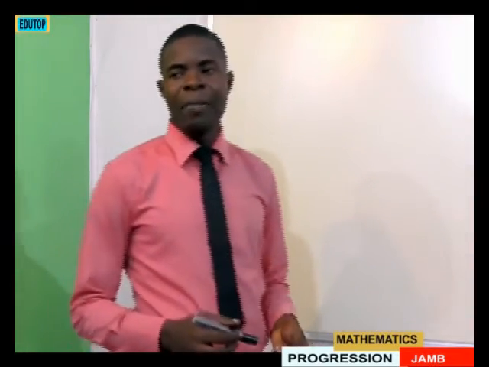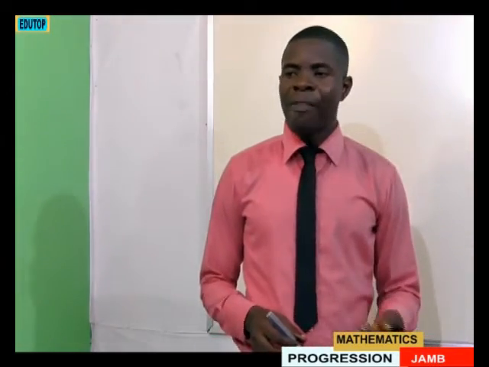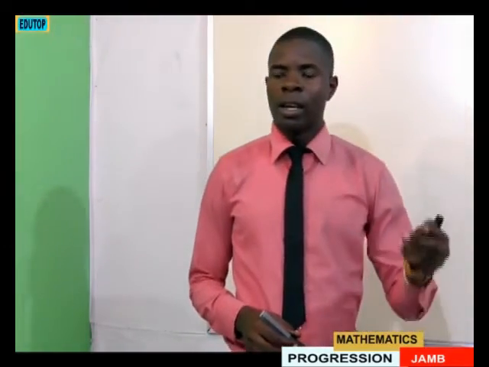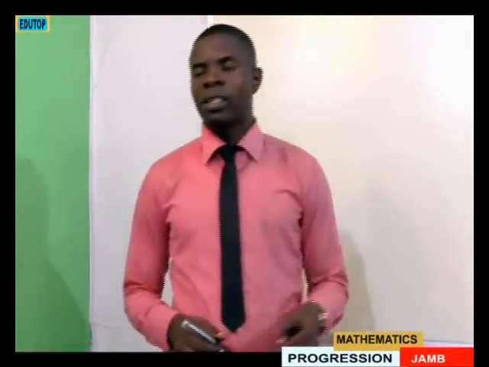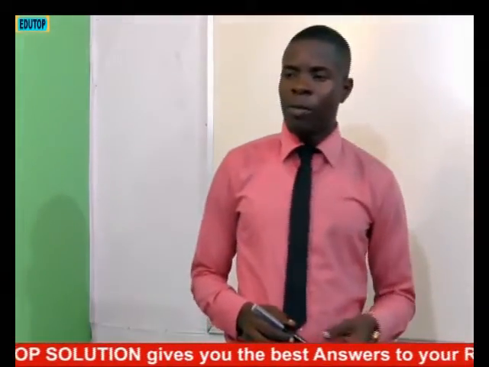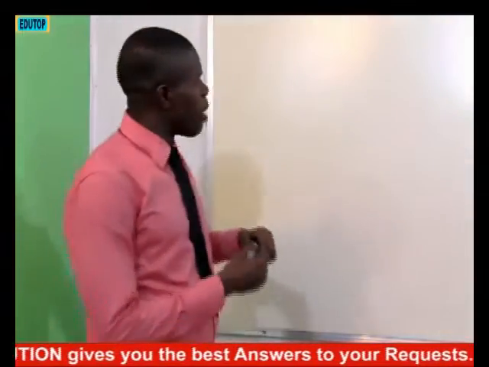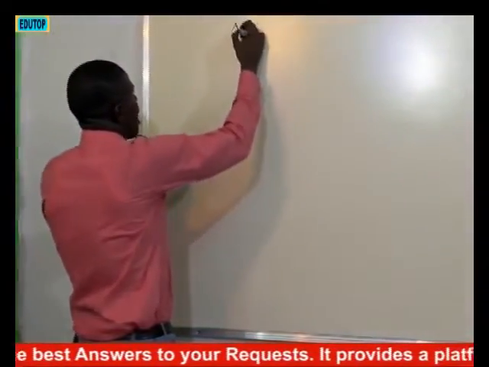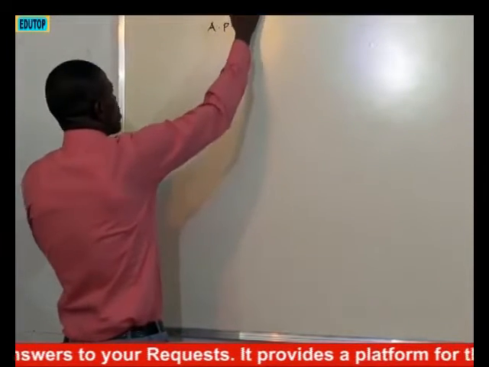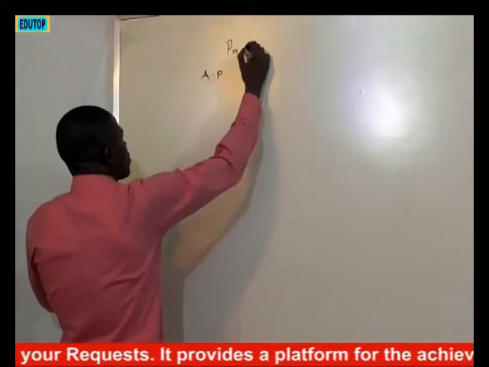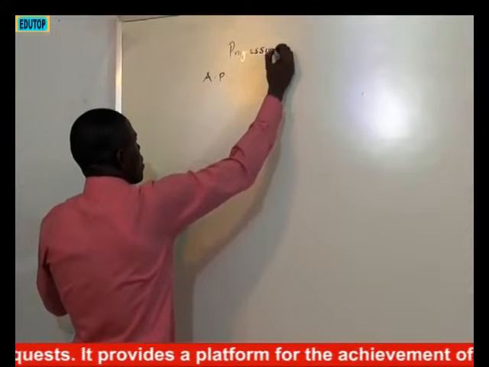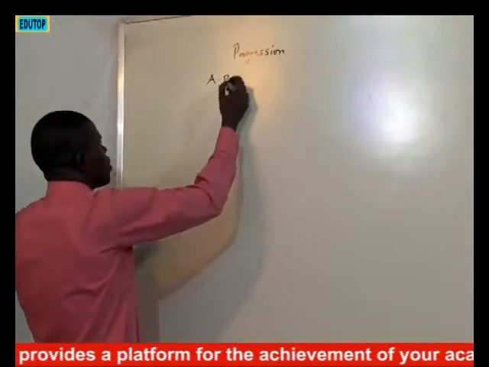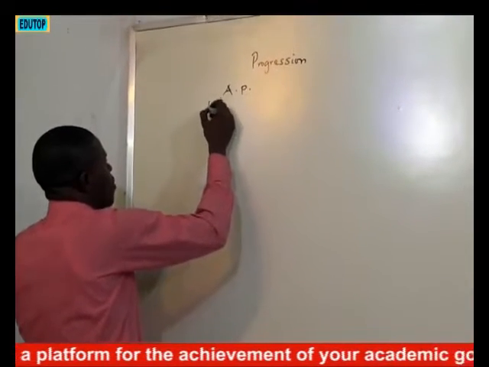So the nth term can be in diverse forms depending on the way the sequence is structured. But for AP and GP, in our previous lessons, we know that as far as arithmetic progression is concerned, we normally have some terms.